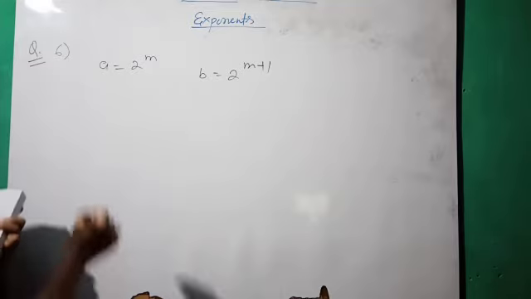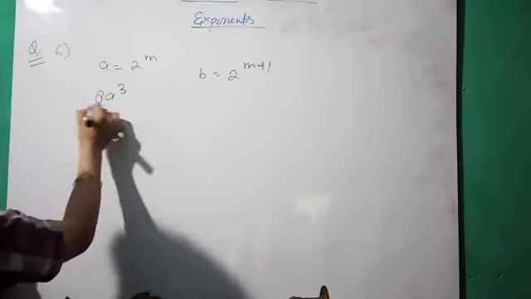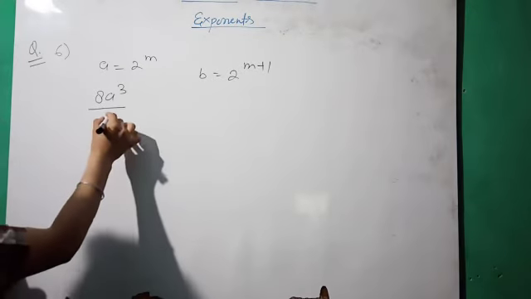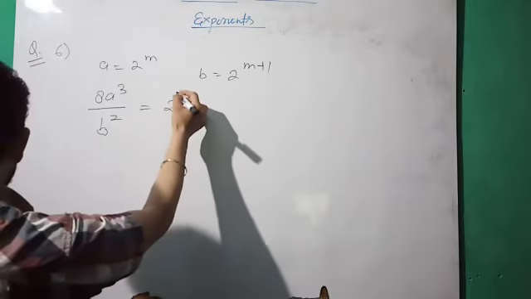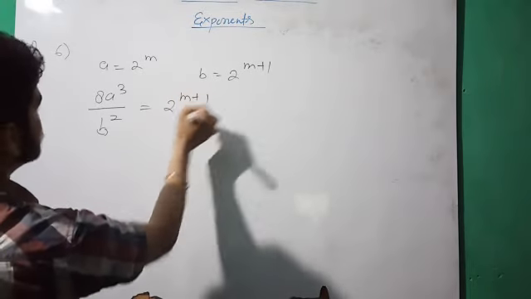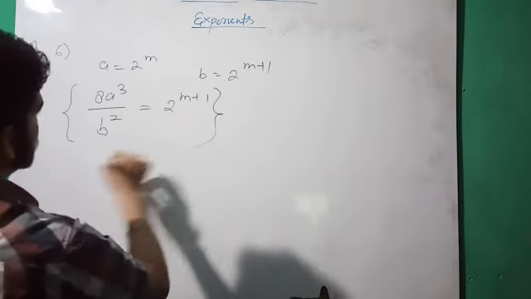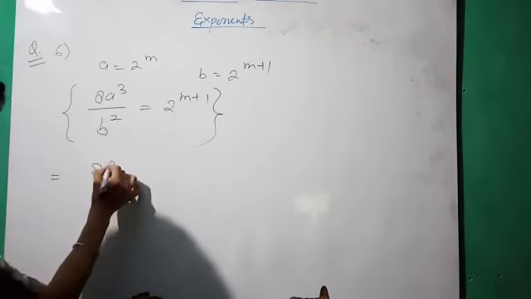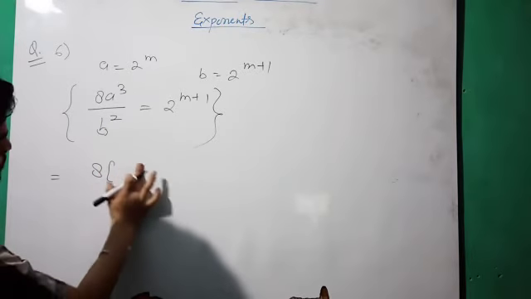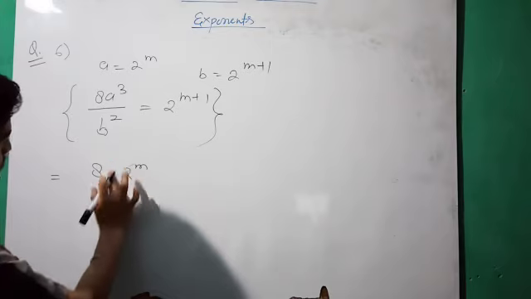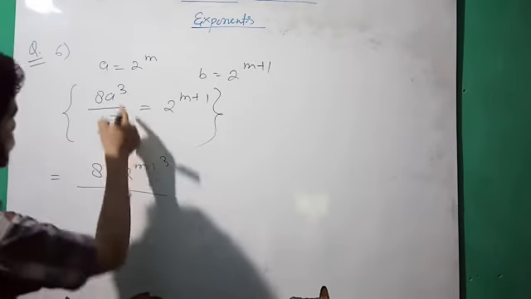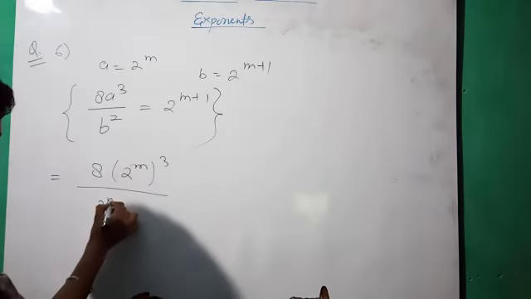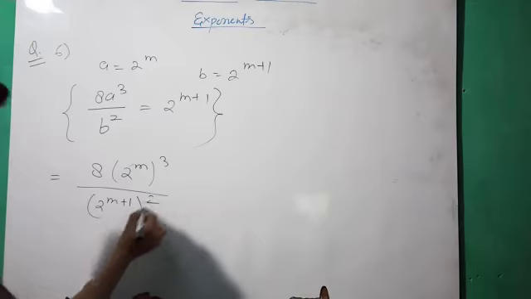Question number 6. We have to show that 8a cube upon b square equals 2 to the power m plus 1. 8a is 2 to the power m, so a cube is 2 to the power m cube upon b square. b square means 2 to the power m plus 1 square.